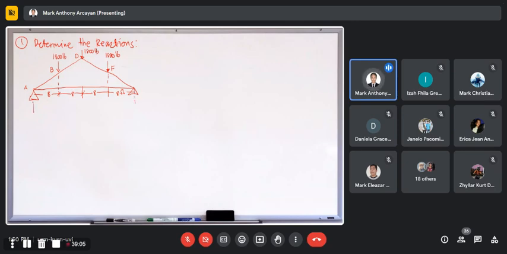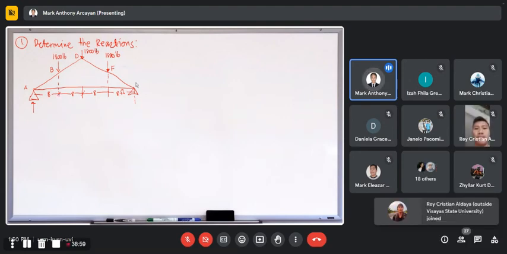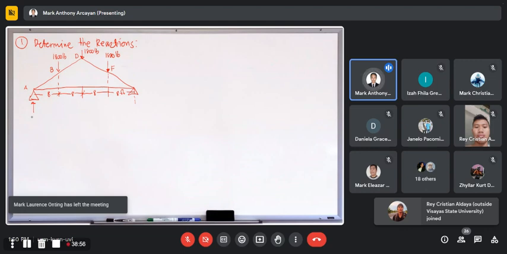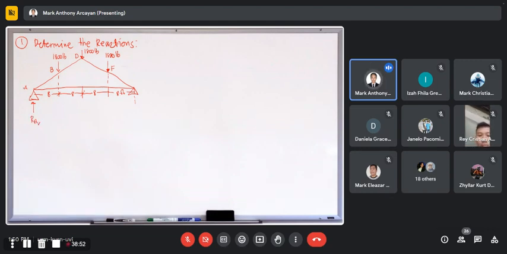Okay. So we have two reactions per pin. Right here, we have RA vertical. Then put also RA horizontal.